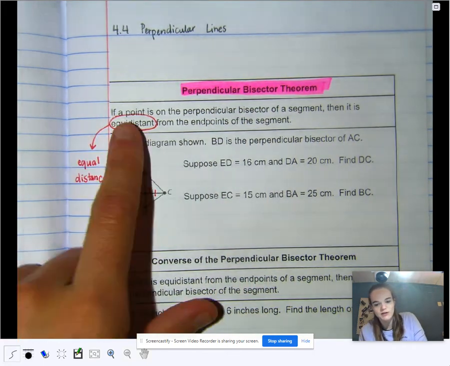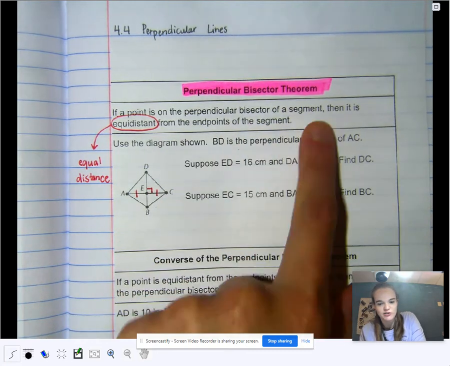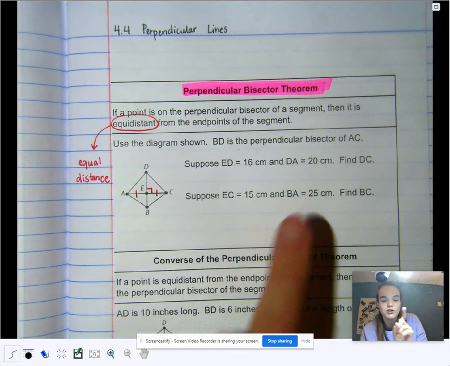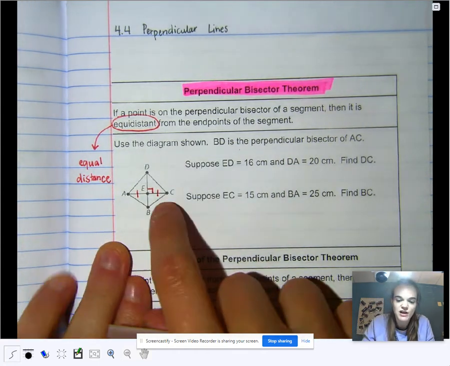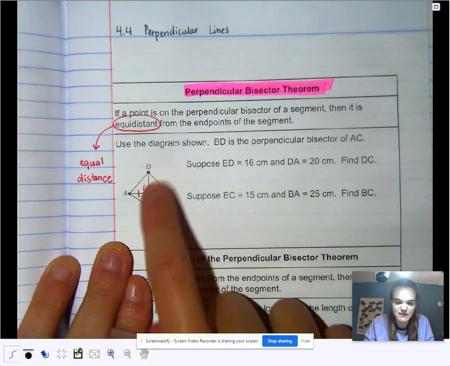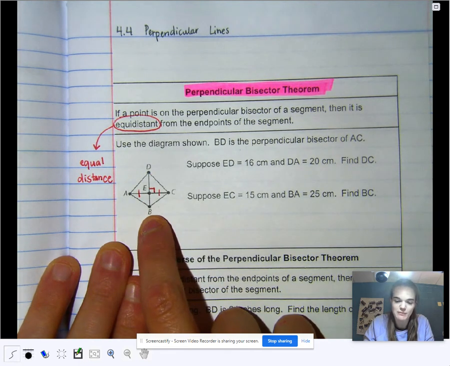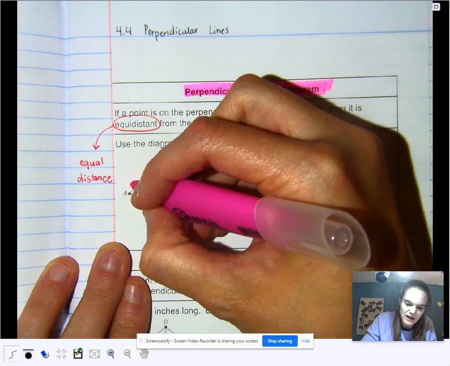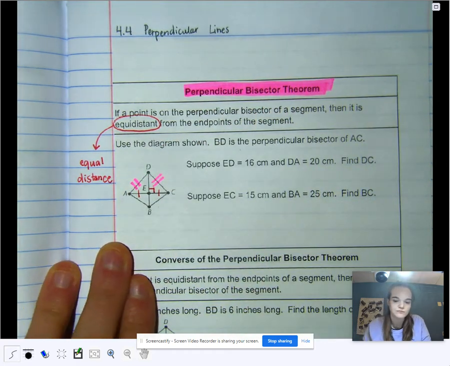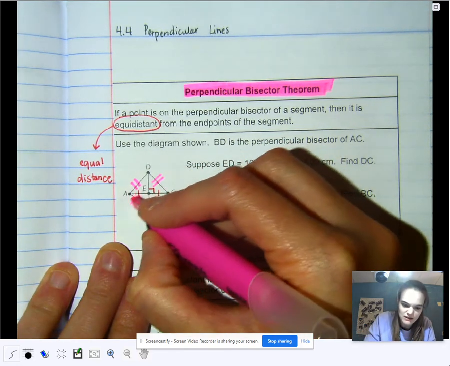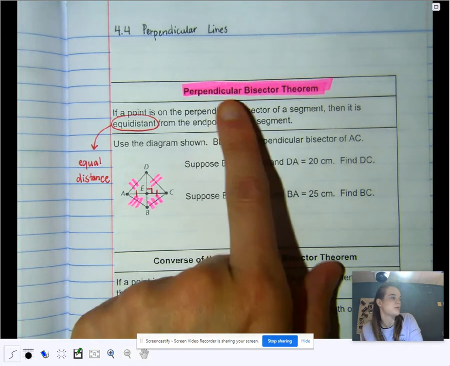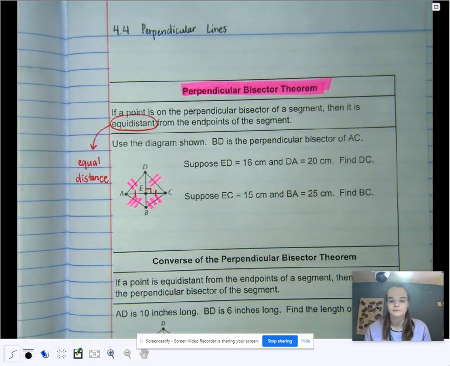It says if a point is on the perpendicular bisector of the segment, then it is equidistant from the endpoints of the segment. Here's what that means. Since D and B are on the perpendicular bisector, that means AD and CD are congruent. It also means AB and CB are congruent. That comes from the perpendicular bisector theorem.